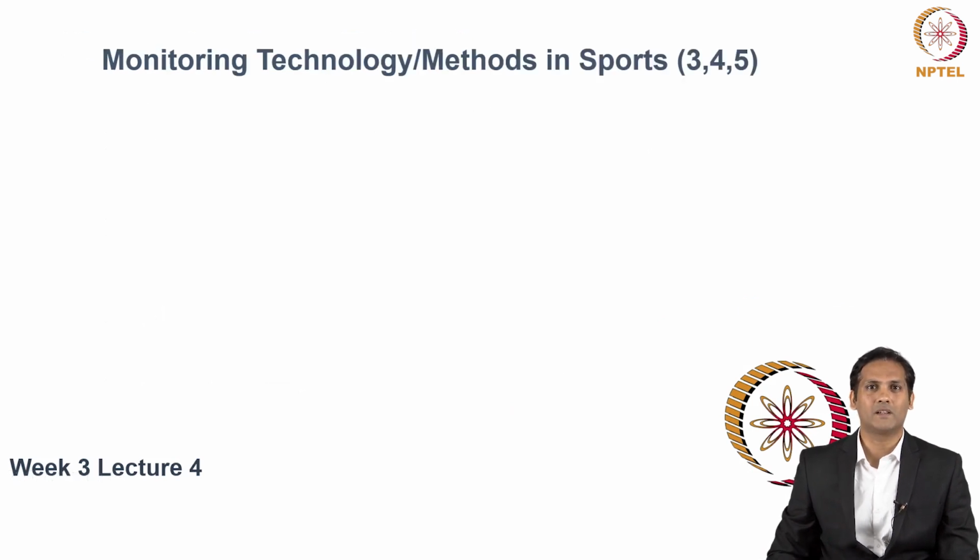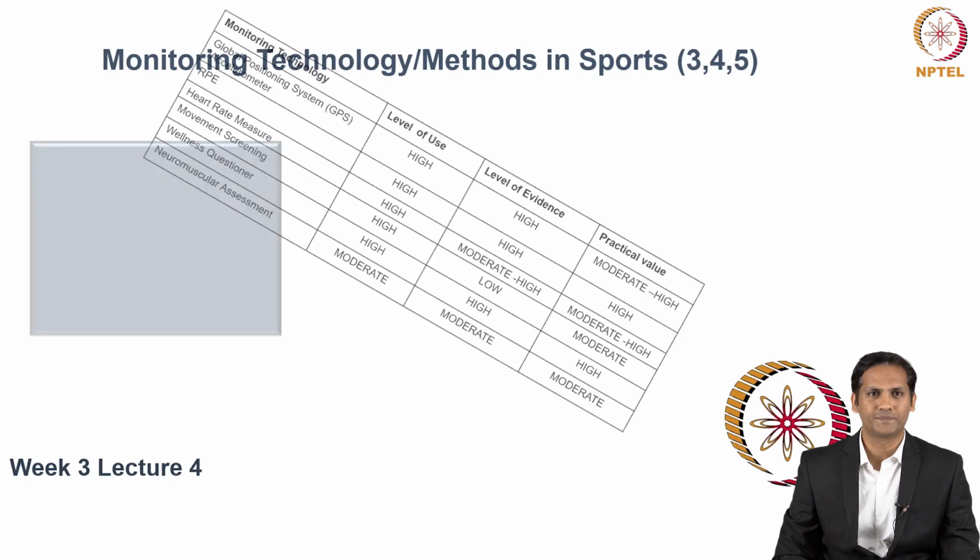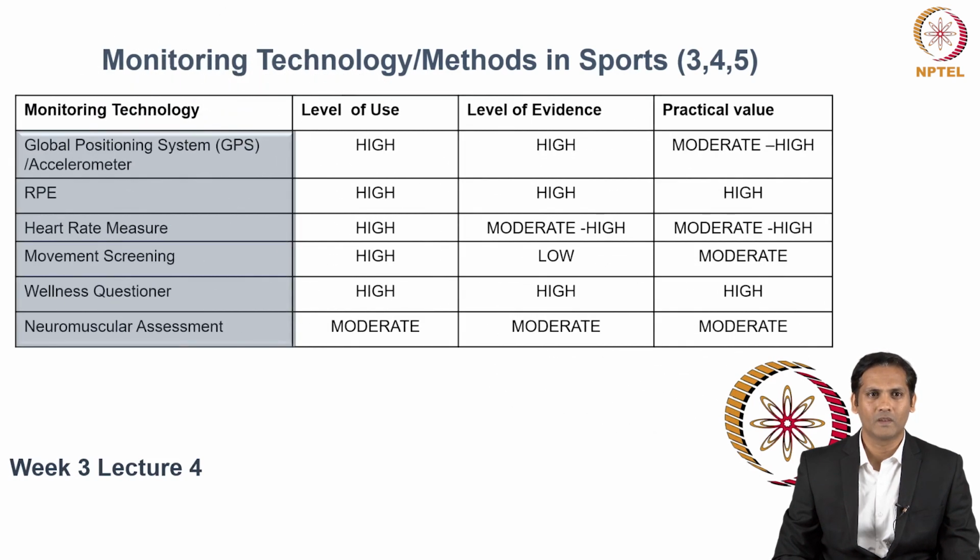Now let's start by understanding the different monitoring technologies or methods in sports. The table given here mentions different methods and technologies of monitoring in sports with the level of their use, with the level of their evidence, and with the practical value.